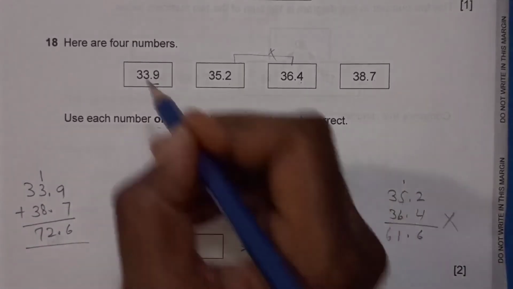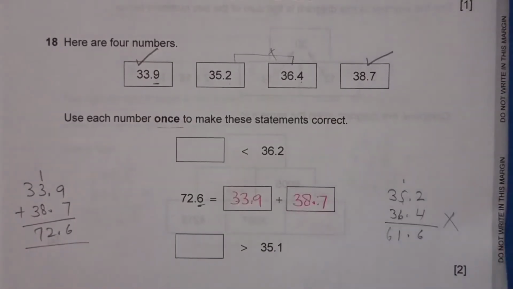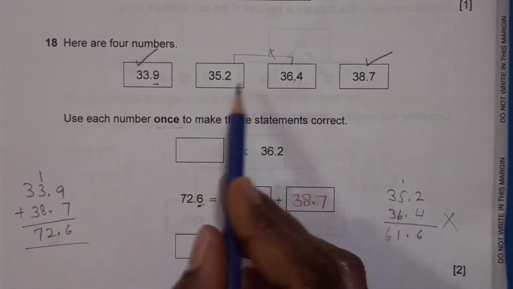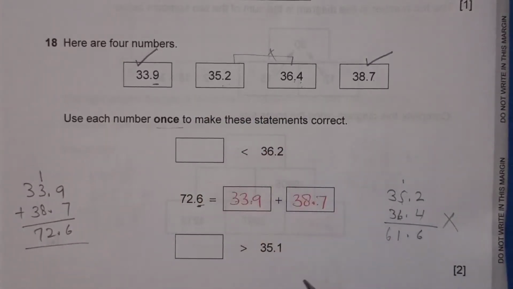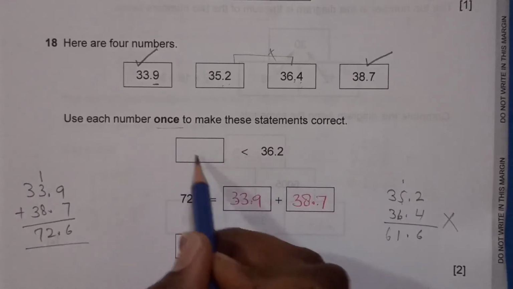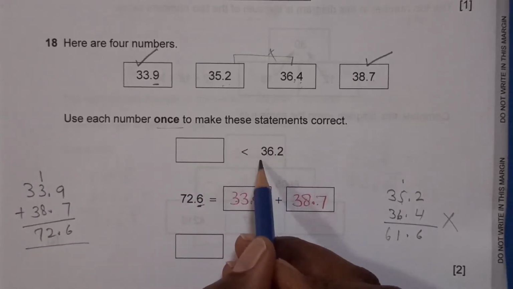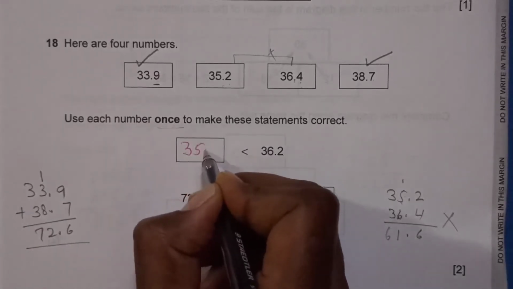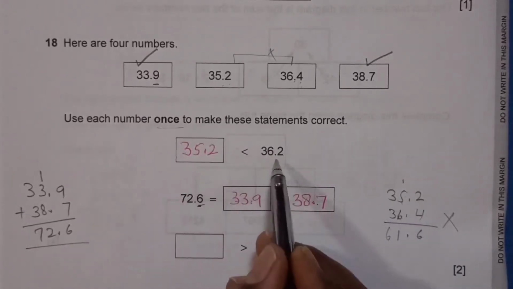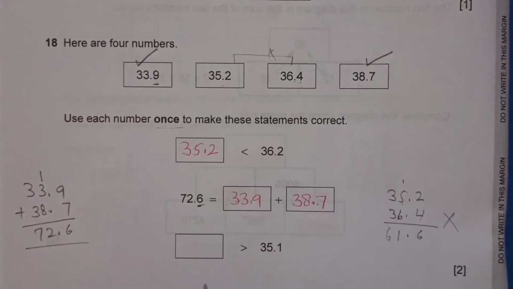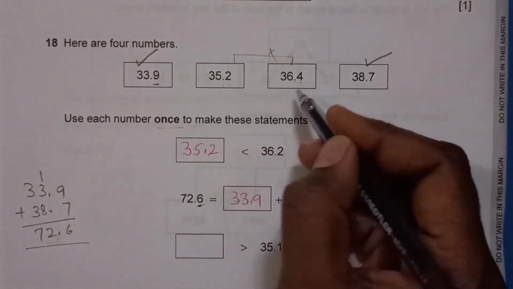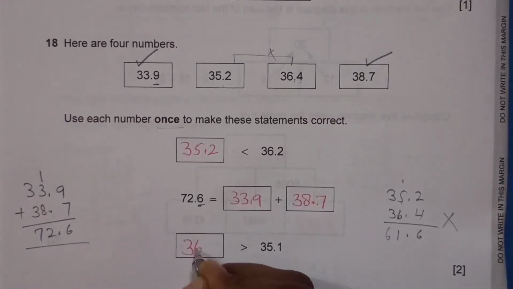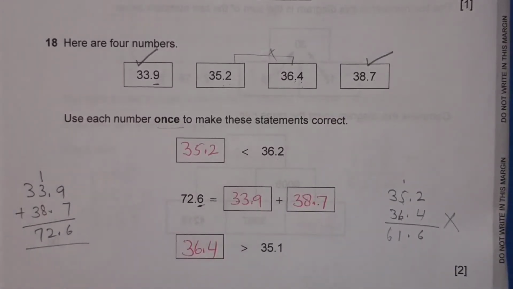So that means we have done this one and this one. Now we have only these two numbers remaining here. So now we'll see which one fits here. So we need a number here which is less than 36.2. So which is 35.2, is less than 36.2. And here we need a number which is greater than 35.1, which is 36.4.